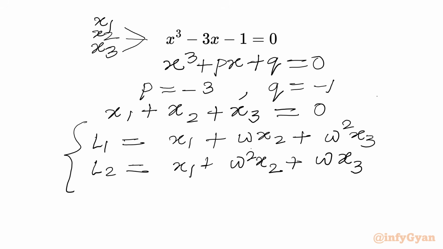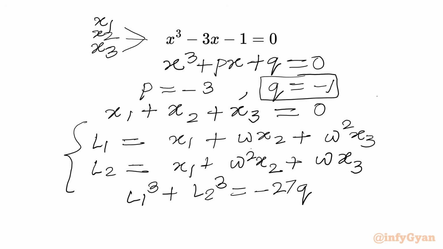As proven by Lagrange, the cubes L1 cube and L2 cube are the roots of a resolvent quadratic equation. What does it mean? L1 cube plus L2 cube, as per formula, is -27q. Now q is -1, so we will write here -27 times -1.